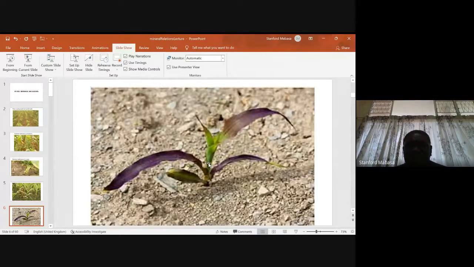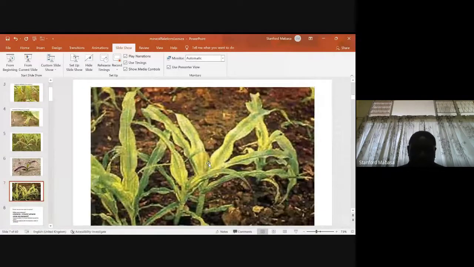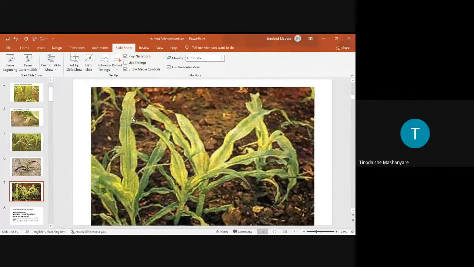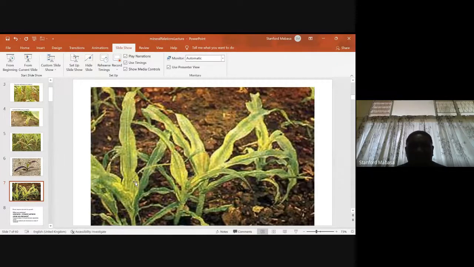So if you see such plants with the purplish leaves, note that we could have phosphorus deficiency symptoms. This could be zinc deficiency, where we have these plants with the white patches. They are not that green.